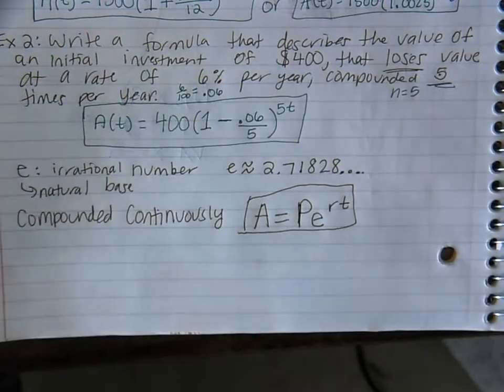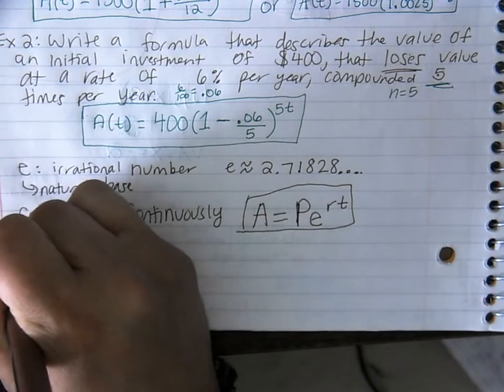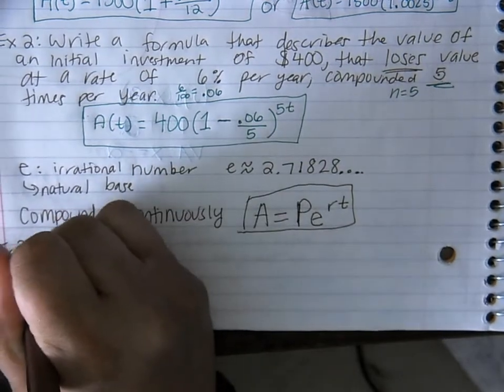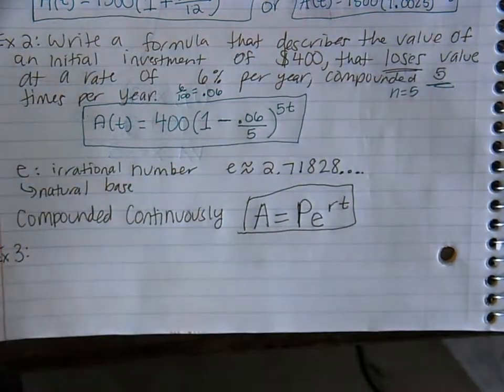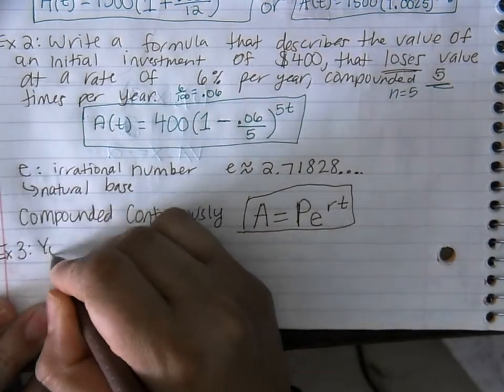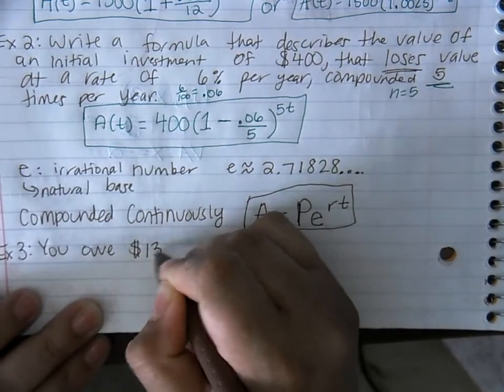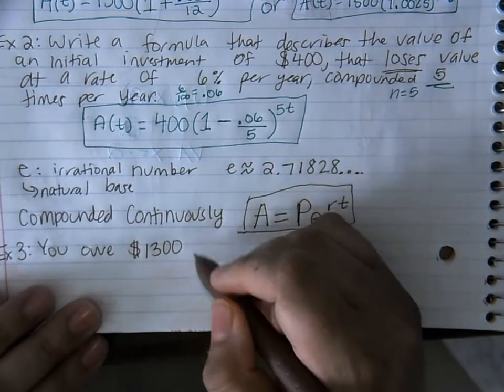All right, so here's our first example to use with compounded continuously. Example 3: let's say you owe $1,300 on a credit card.